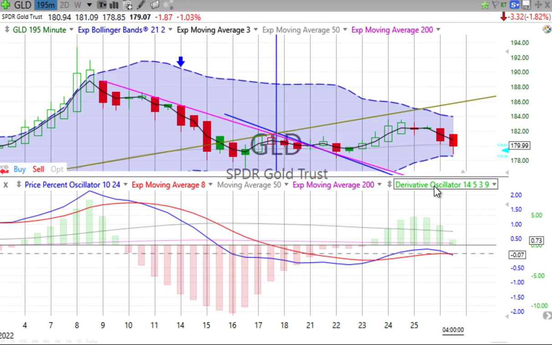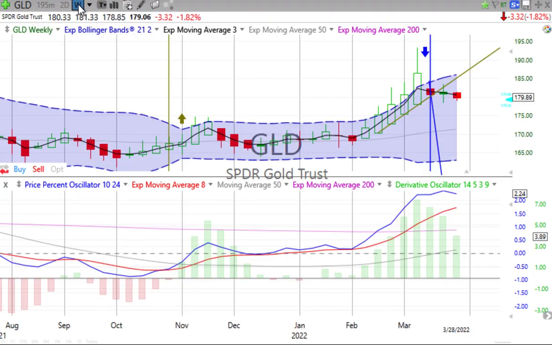Well, and on this half day also we can see where we ended the day with the price percent oscillator flipping over, going down. And we will redraw our trend line to reflect that. Derivative oscillator still holding on to a bit of positivity, but some weakness in gold.